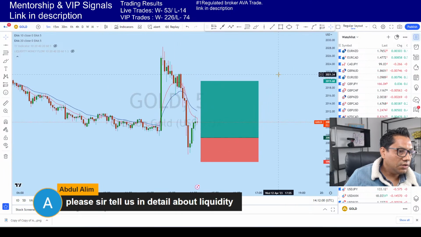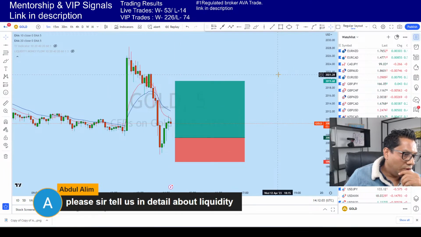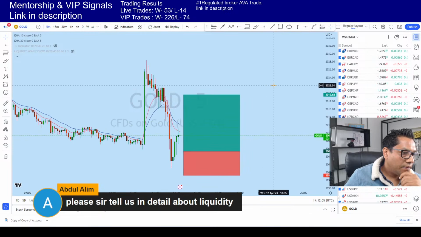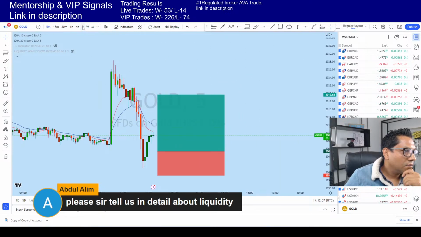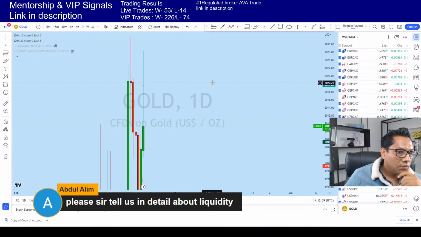So the way I see it, it's still showing bullish. With the daily candle, we saw that there's a bounce from the daily support.